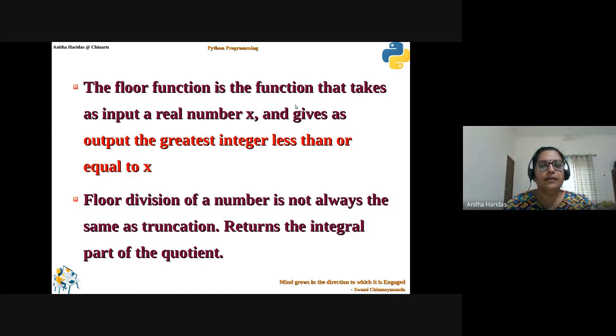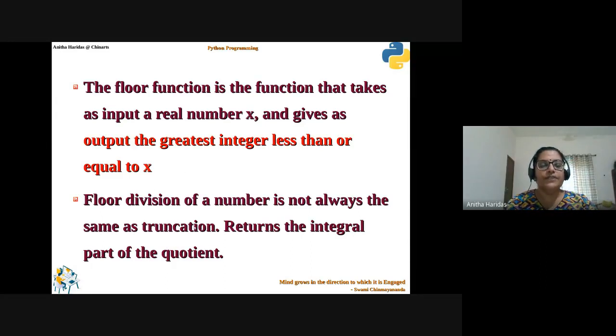Again, I repeat, the floor function is the function which takes a real number as the input, and it gives as output the greatest integer less than or equal to x, right?